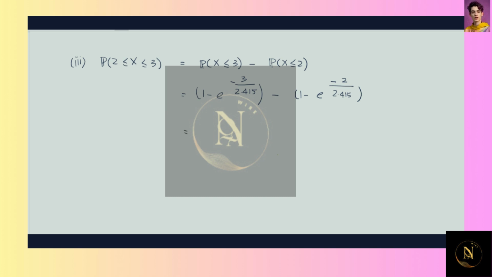Simplifying, I get e power minus 2 over 2.415 minus e power minus 3 over 2.415, which is 0.4369 minus 0.2887, which is 0.1482. Thus the probability of the rainfall which occurs between 2 and 3 hours is 0.1482.